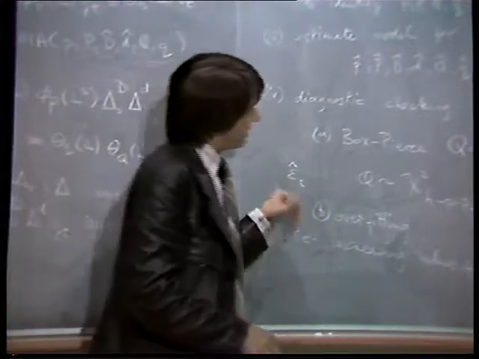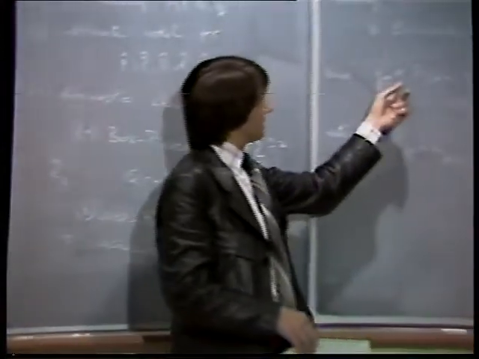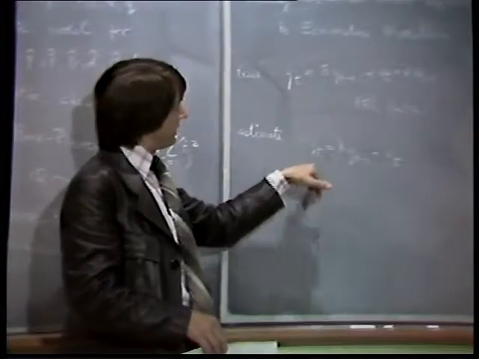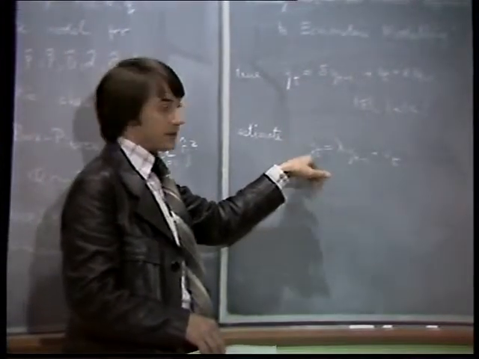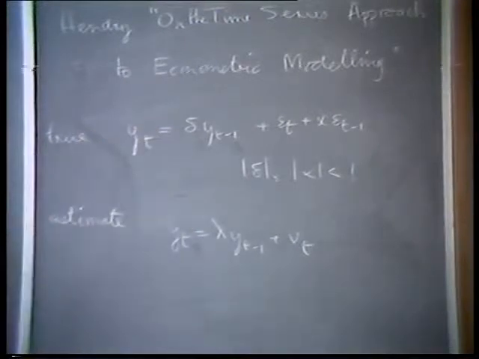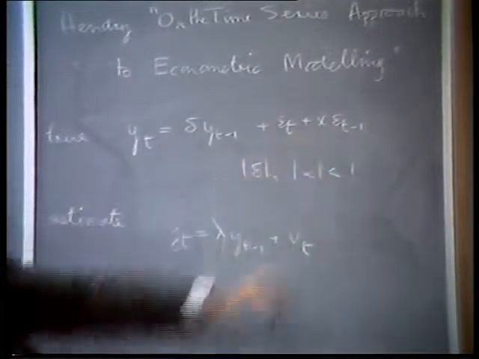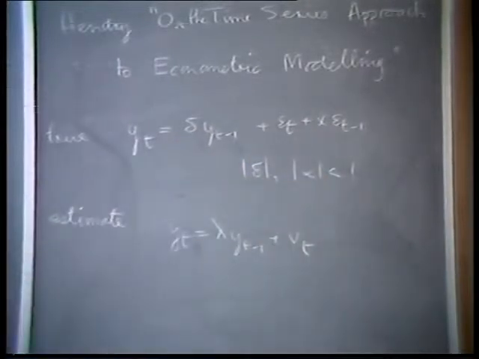Now, even if you're fortunate enough to choose this model as the one to compare the estimated model with, so that in your overfitting you are fortunate in choosing the true model, there's a very wide range of the parameter space for delta and alpha where that test has got low power.